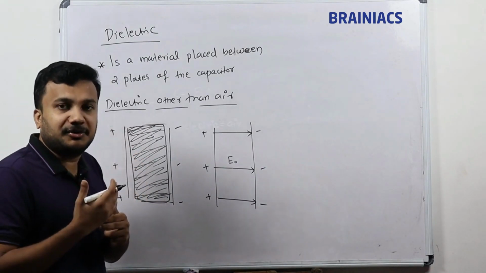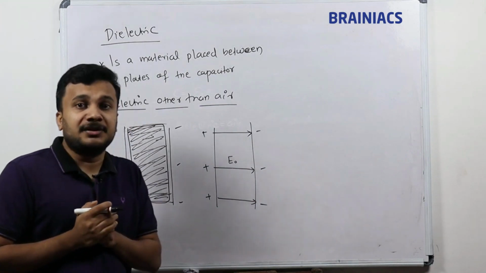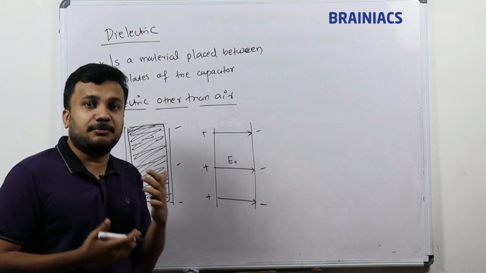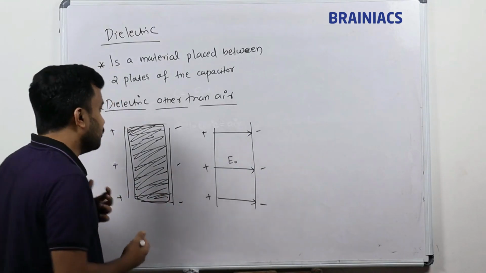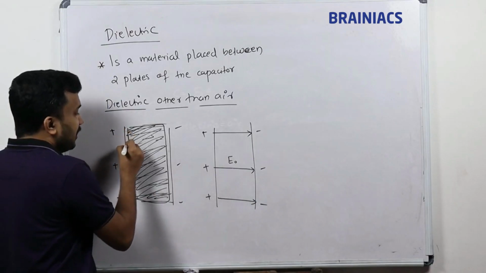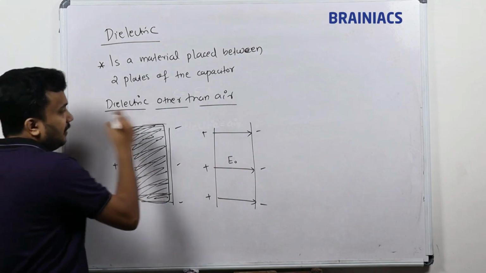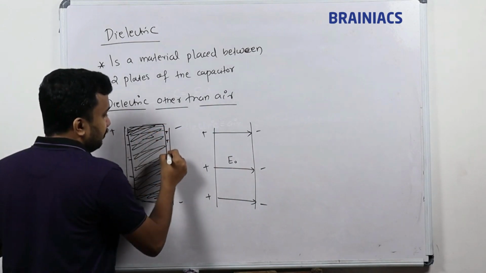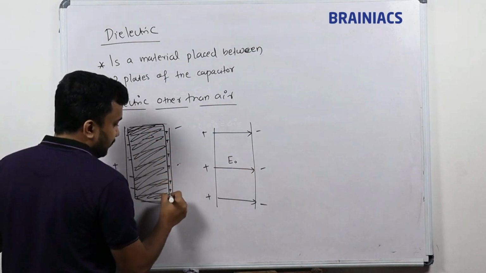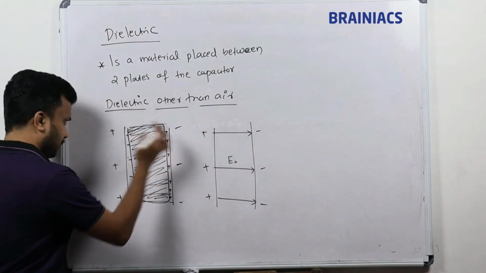We have learned in our first class about electric charges and electric field, charging by induction, charging by conduction. So here, due to charging by induction, a negative charge will be formed on the left side. Whenever a negative charge is there, the other side will have a positive charge. So positive, negative, positive, negative.